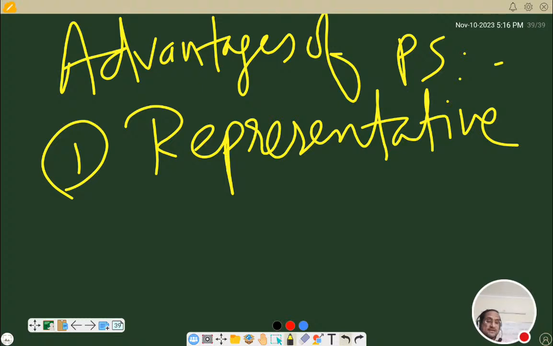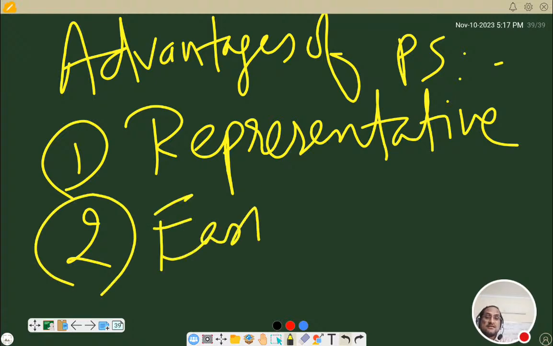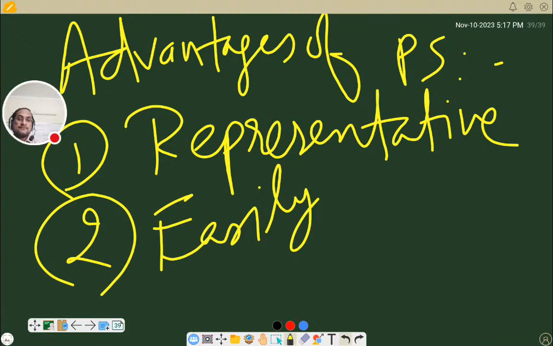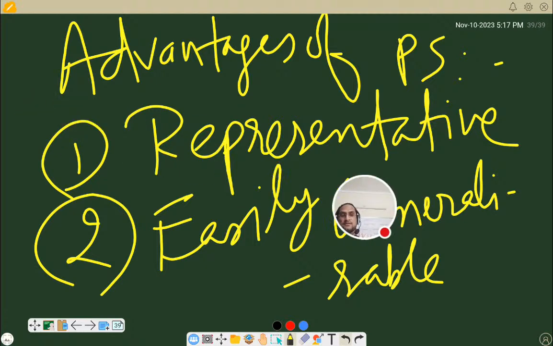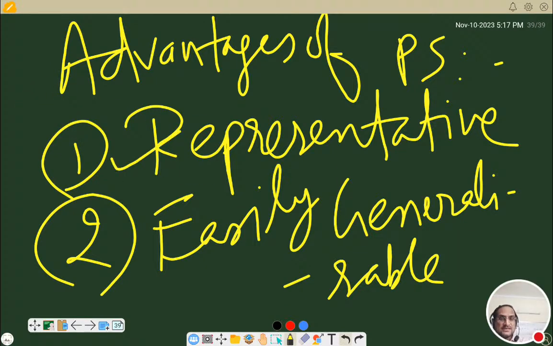Because of it being representative, the conclusions drawn from the sample will be easily generalizable. Representativeness and easy generalizability. These two are the factors which are the advantage of probability sampling.